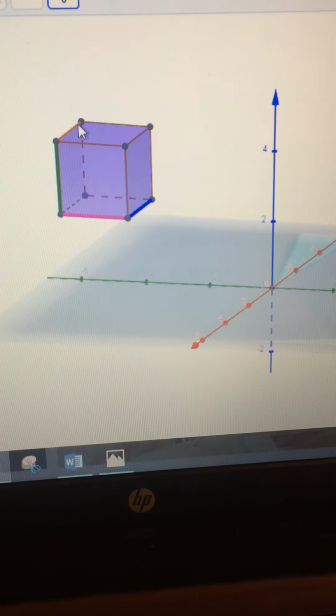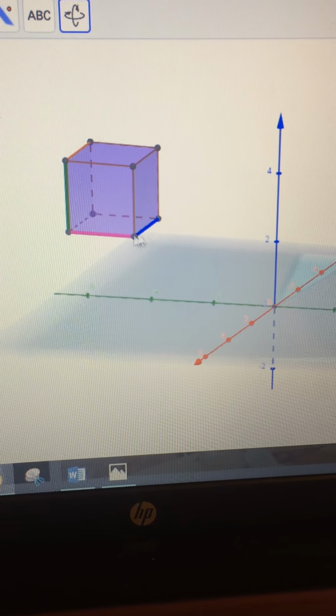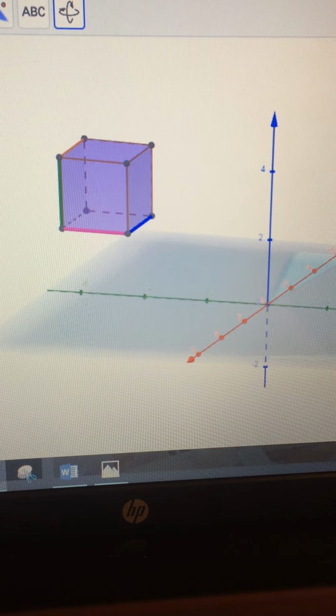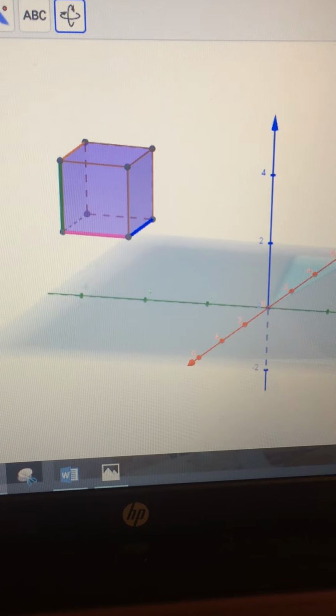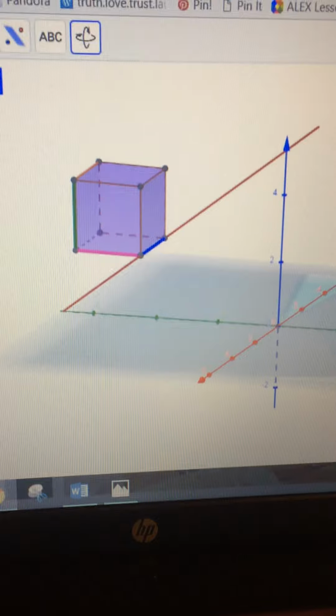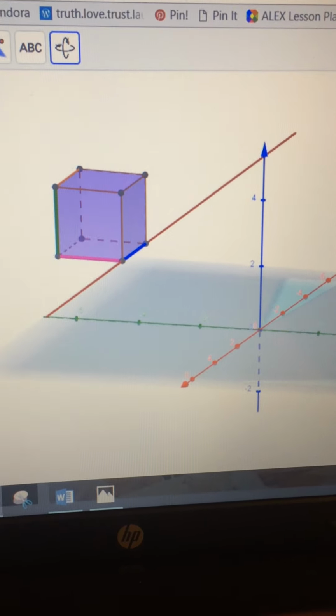Again, W is in the orange right here, my cursor is hovering over it, and then Z is in the blue down here. I'm going to go ahead and put in some lines, pardon me, not line segments, lines, to show the extension.